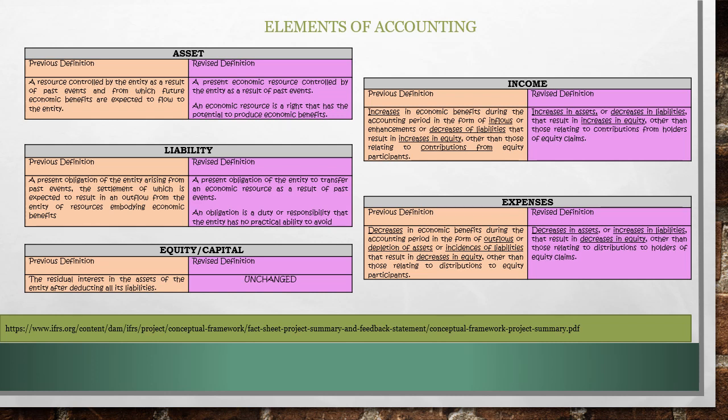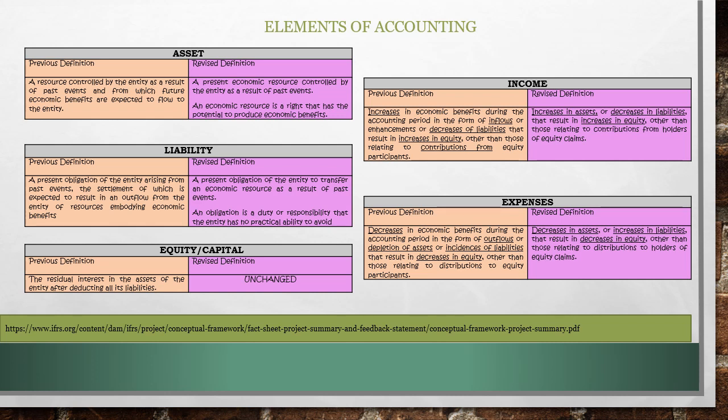Okay, for the last element, we have the expenses. Previous definition, class: decreases in economic benefits during the accounting period in the form of outflows. Outflows naman siya. Or depletion of assets or incidences of liabilities that result in decreases in equity other than those relating to distributions to equity participants.